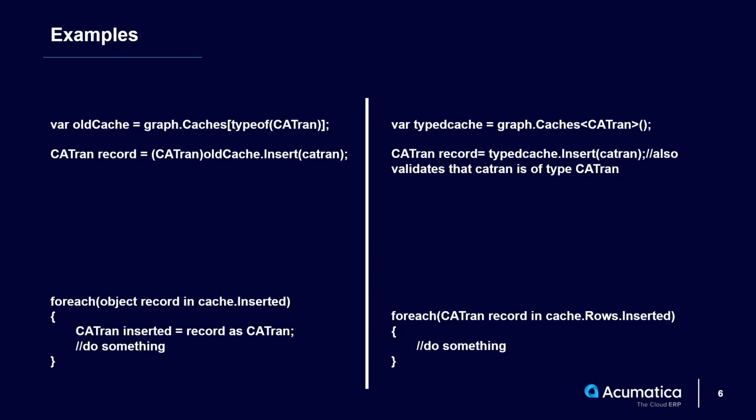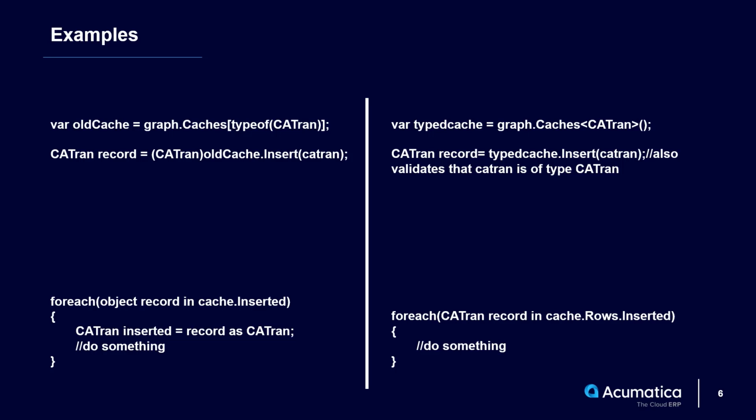In order to insert a DAC object, we have to rely on explicit conversions and the type of the returned object to ensure type safety. Also, we have to check whether the object returned is of the type we intended. Now, this can be validated during compilation itself using the strongly typed methodology.